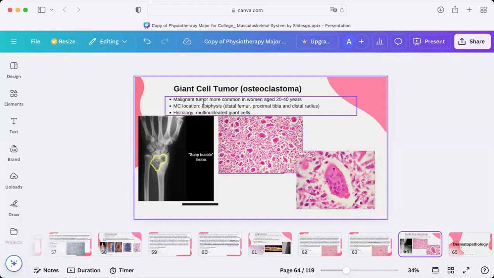Please, guys, know where all tumors most commonly arise from. The giant cell tumor happens in the epiphysis, and it can also happen over here in the distal radius. This is kind of like a hallmark finding, a hallmark picture. And please, please, please know that it's also called osteoclastoma. Don't only memorize that it's called giant cell tumor. They might give you osteoclastoma as an option, okay?